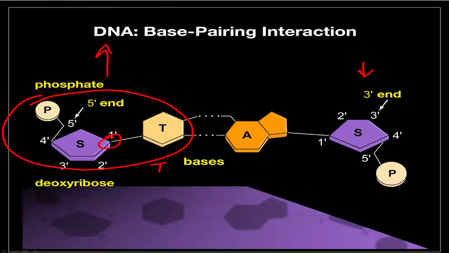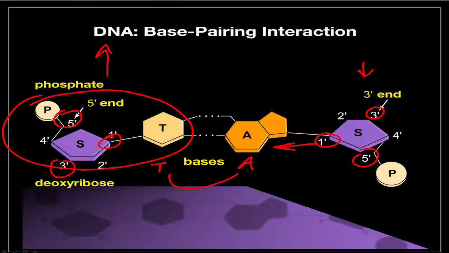Granted, it's only one base, but we have a 5' free over here and a 3' there. It's sort of upside down on the other side. It has to be, because this base that's attached to the 1' carbon of the sugar has to be facing inward. And it's an A, and we know that because this you have to memorize: A always has to go with T, G always has to go with C.